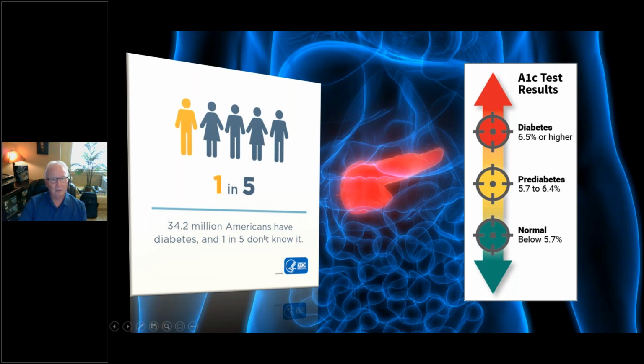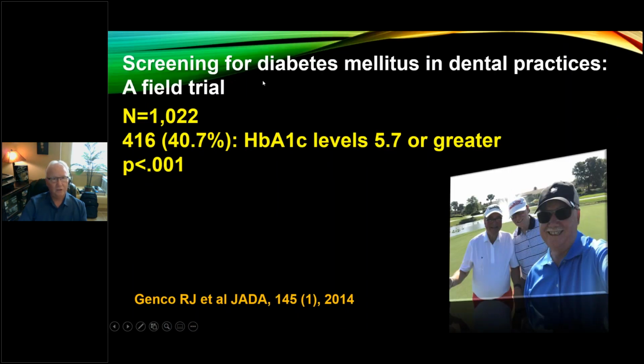So 30 to 40 million Americans have diabetes and don't know it. Okay, screening for diabetes in dental practices. This was from a good friend of mine who passed away almost 2 years ago now, Bob Genko in Buffalo. There he is there. We were out playing golf in Florida at a Cigna event because we do some consultation for some of the carriers.